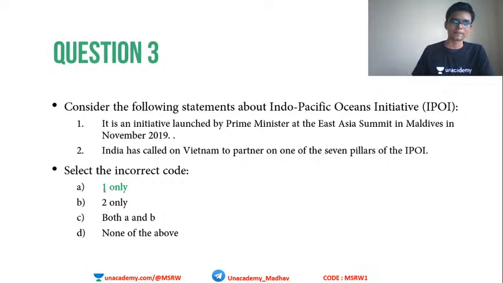A is the correct answer. Swati, very good. You are asked to choose the incorrect code, and the answer is option A. Statement 2 is true: India has called on Vietnam to partner on one of the 7 pillars of IPOI. The problem is, the East Asia Summit did not happen in Maldives.